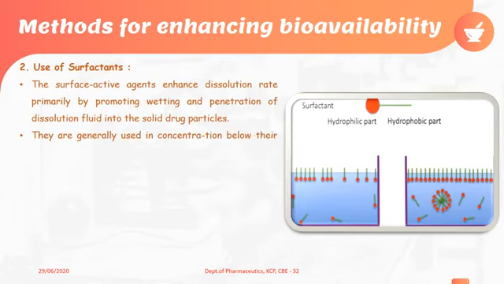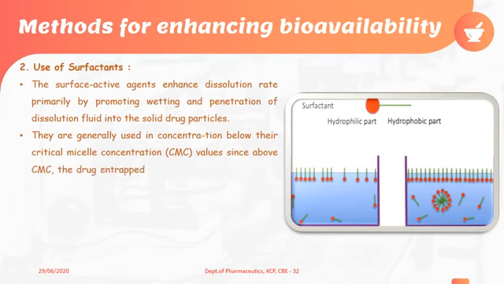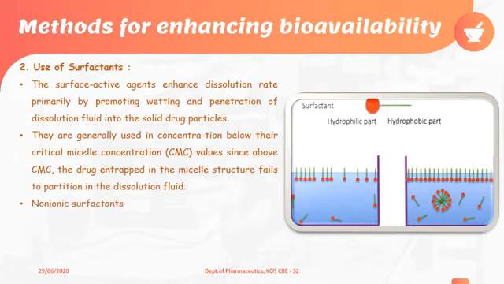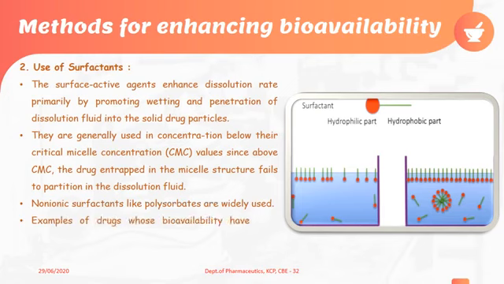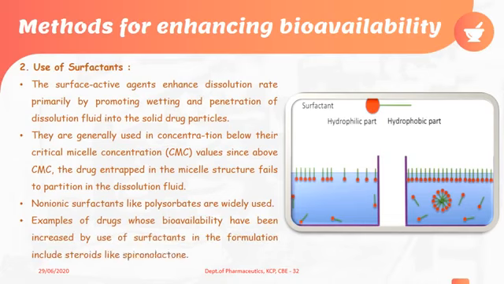They are generally used at concentrations below their critical micellar concentration, that is the CMC value, since above the CMC value, the drug entrapped in the micellar structure fails to partition into the dissolution fluid. Non-ionic surfactants like polysorbates are widely used. Examples of drugs whose bioavailability has been increased by use of surfactants in the formulation include steroids like spironolactone.